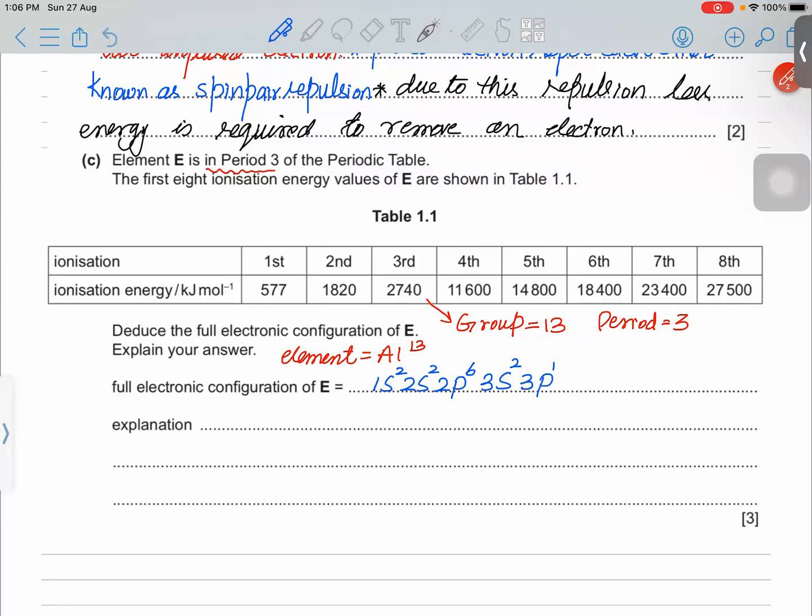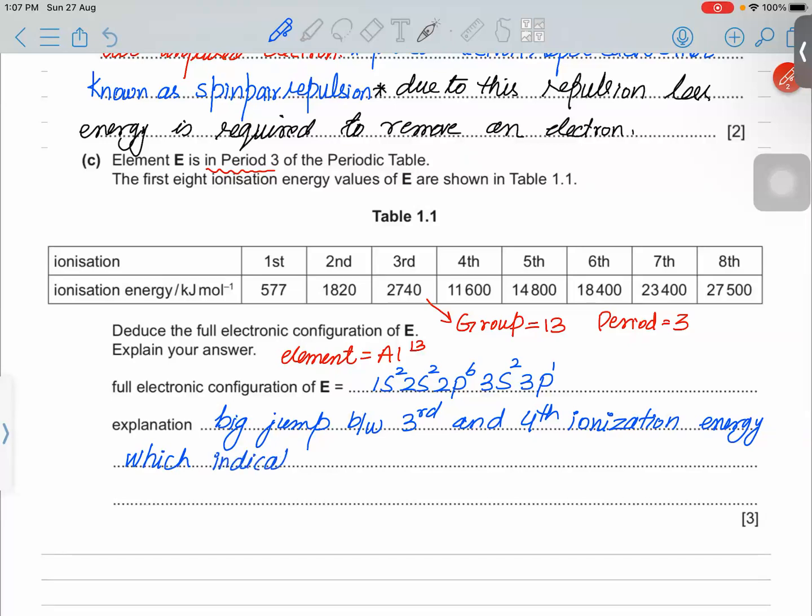And the reason is the same: a big jump between the third and fourth ionization energy, which indicates valence electrons and group number.